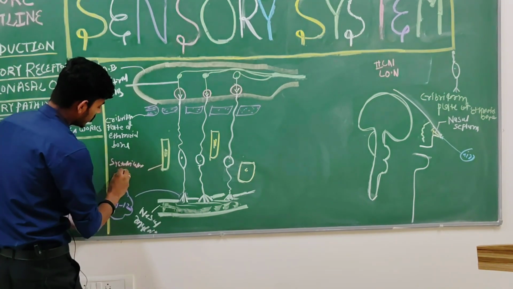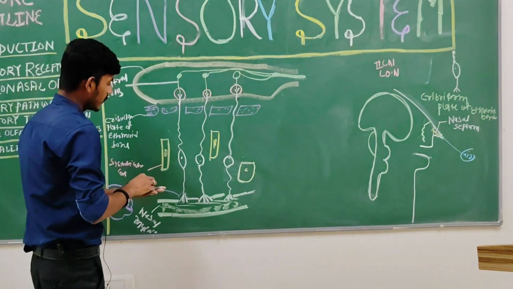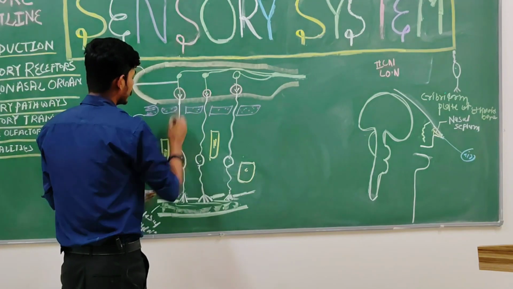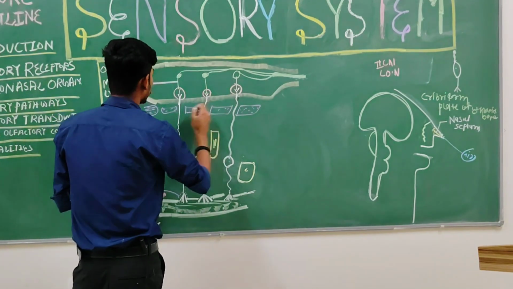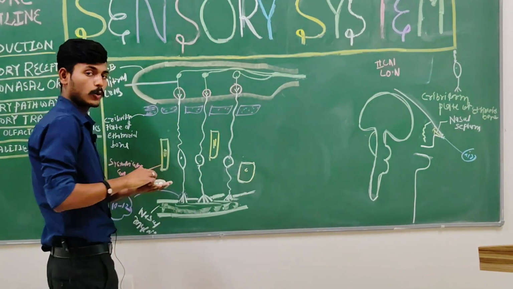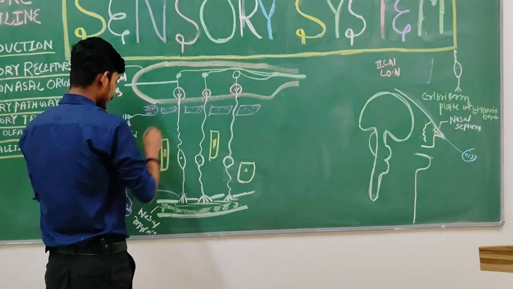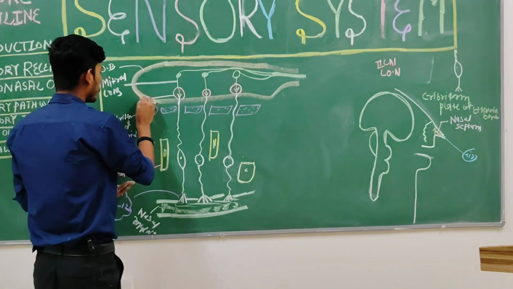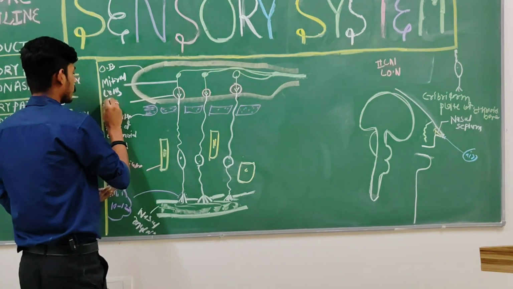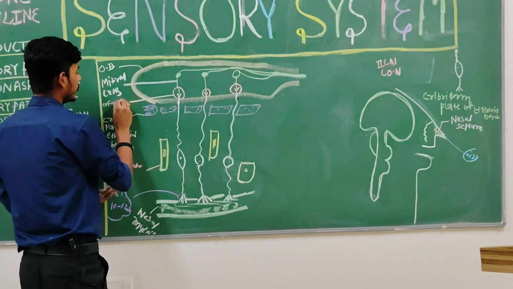And this area, the synapse, is basically called olfactory glomeruli.